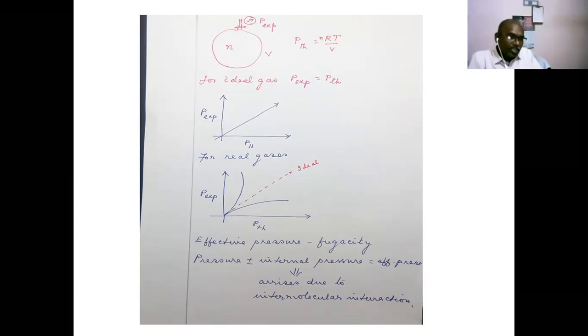And the addition or subtraction of the internal pressure which arises due to the intermolecular interaction with the normal pressure calculated for that volume, that temperature, and that number of moles using the ideal gas equation will be equal to the effective pressure. That effective pressure is called the fugacity.